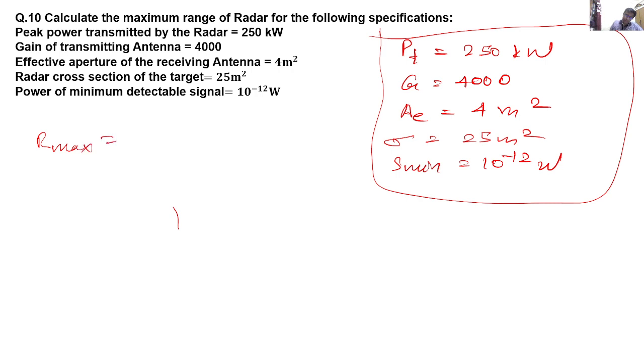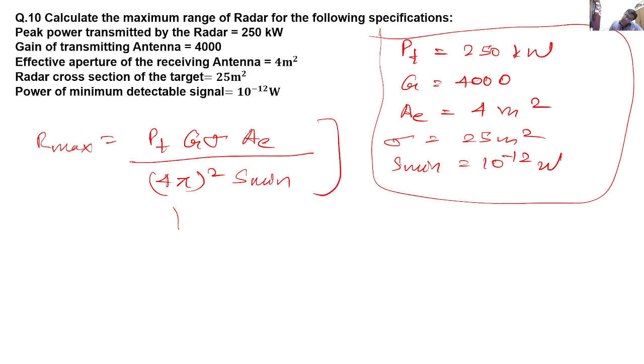We just put it in the previous equation, PT G sigma AE by 4 pi square S min, power 1 by 4.